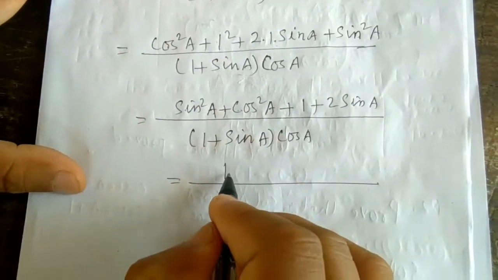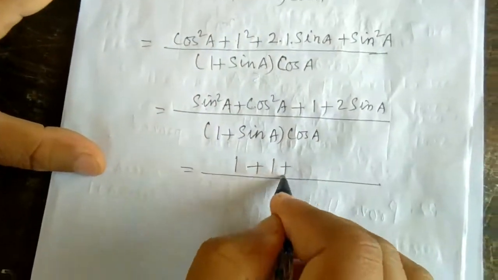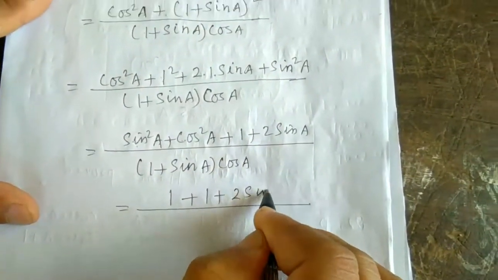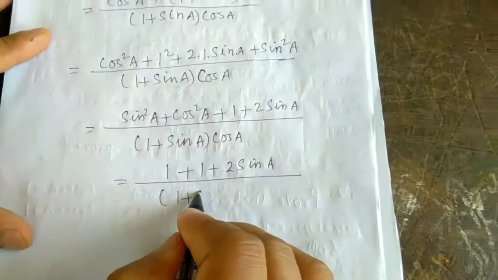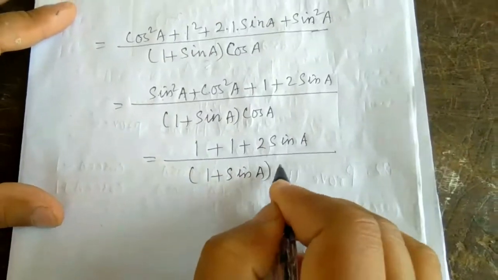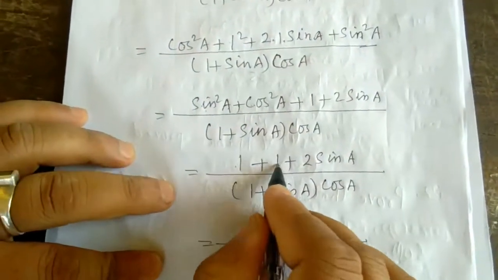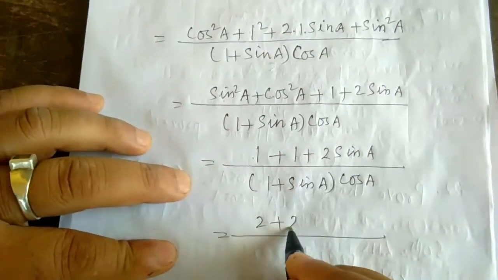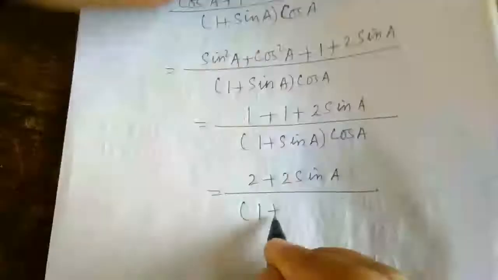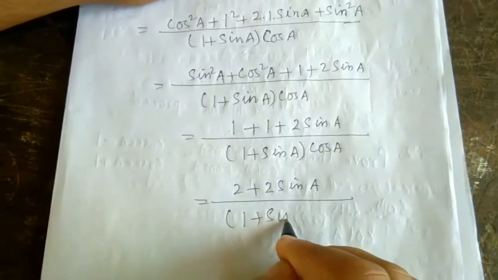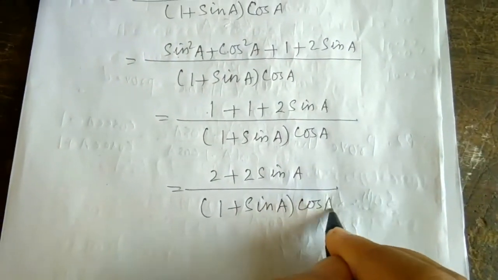Okay. Sin square A plus cos square equal to 1. Plus this 1 plus twice sin A, by 1 plus sin A into cos A. 1 plus 1 is 2, plus this twice sin A by 1 plus sin A into cos A. Okay.